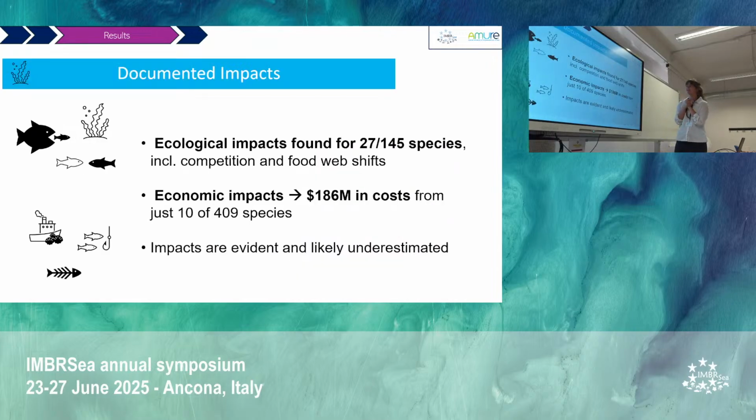So, I won't go too deep into the impacts, but what you need to know is that after an assessment of 145 species in these databases, we identified ecological impacts in northern regions, that is, in the Arctic or Arctic-approaching regions, for 25 species.